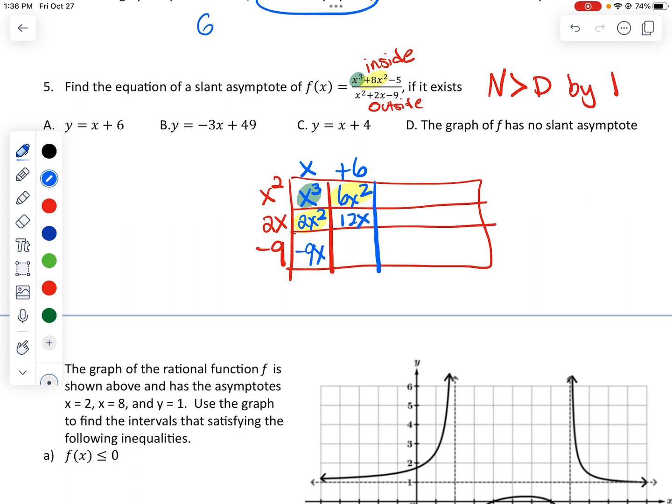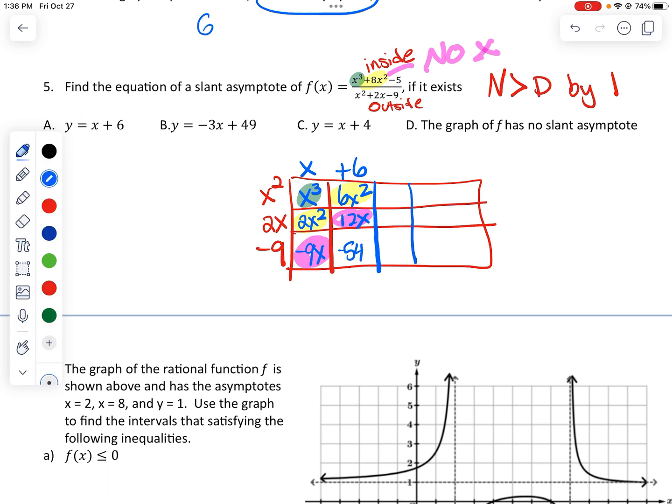So that would be 12x, negative 54x. Oh, negative 54, excuse me. And so in this last column, I can look and say, okay, well, there's no x's. So if I add these x's, I have 3x. But if I look, there's no just x terms on the inside.